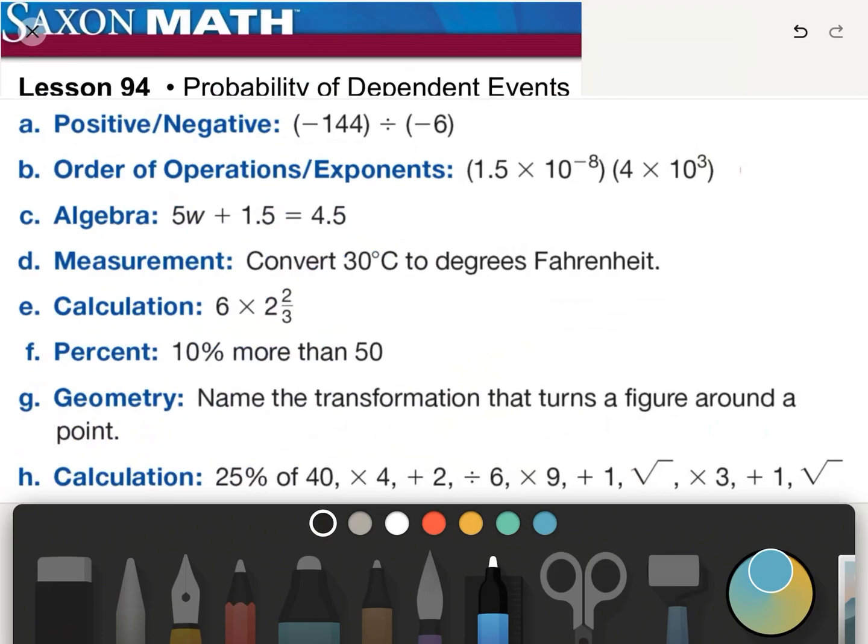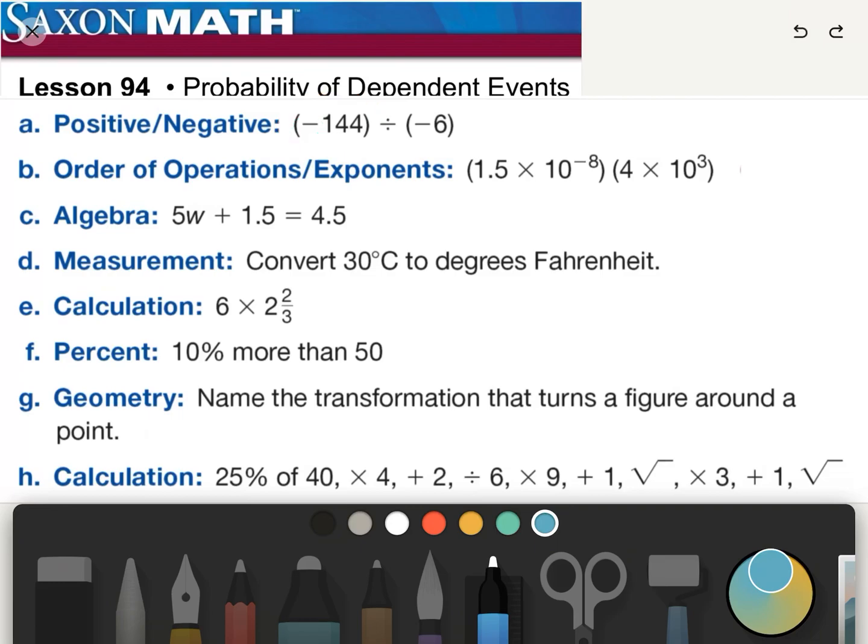So let's check it. Looking at A, we have negative 144 divided by negative 6. Since we have an even number of negative numbers, we will end up with a positive number.